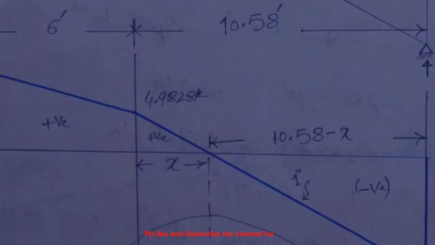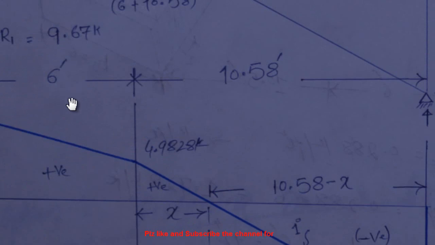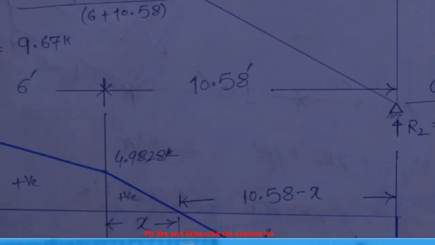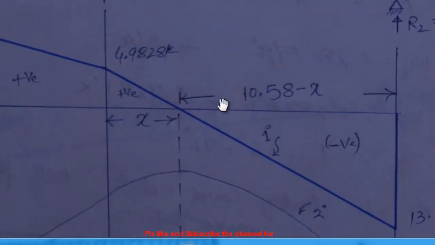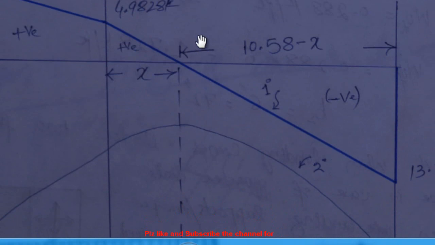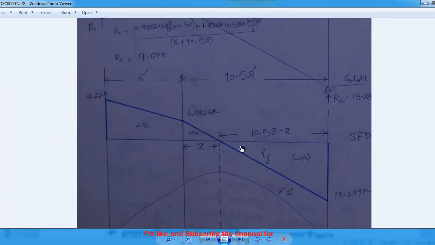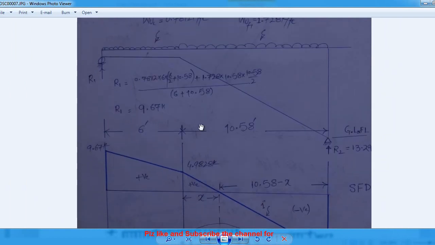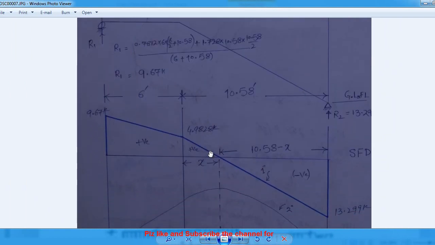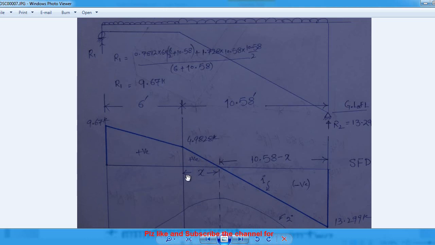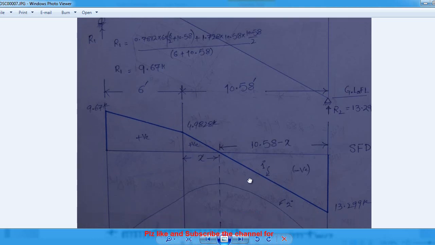Now you need to draw the shear force diagram. Due to this load it will be inclined and further inclined. What you have to determine is at how much distance from the support, or from this point, your shear becomes 0, and this is X. I denoted that distance as X, and 10 minus X is the remainder.